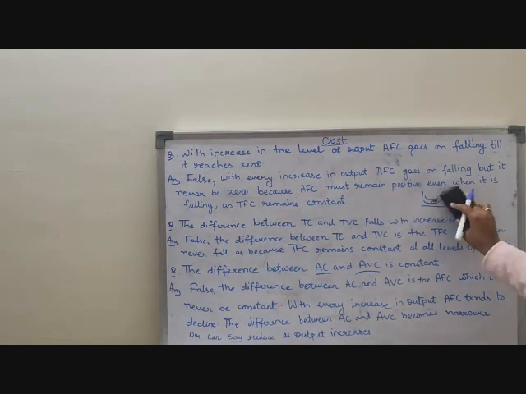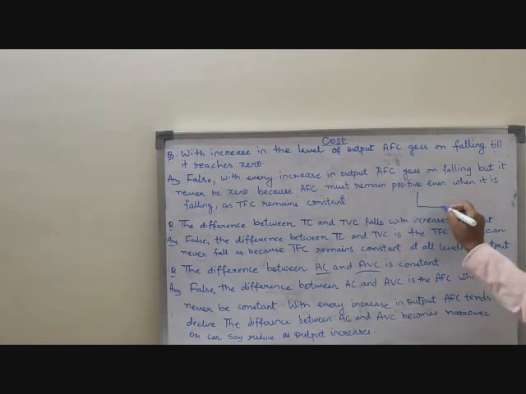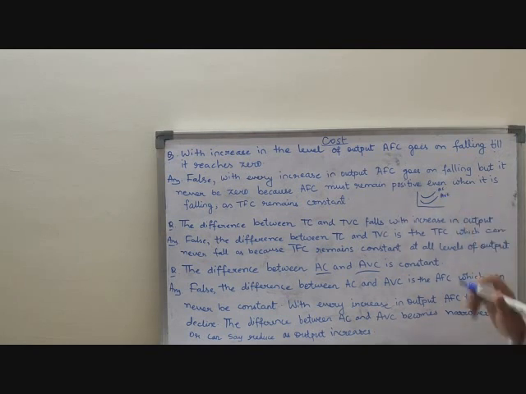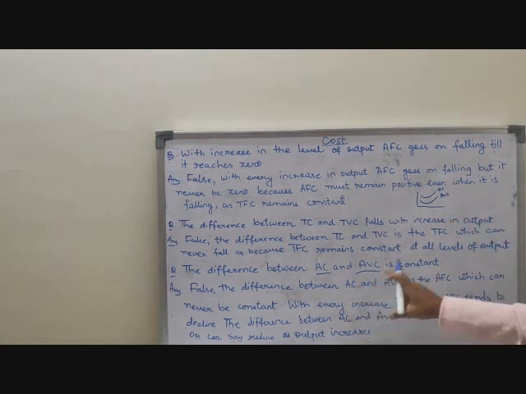Now you see average cost and average variable cost. Average cost is also U-shaped and average variable cost is also U-shaped. Now you tell me, is the difference between these two constant? Obviously not, because the difference between average cost and average variable cost is the AFC.